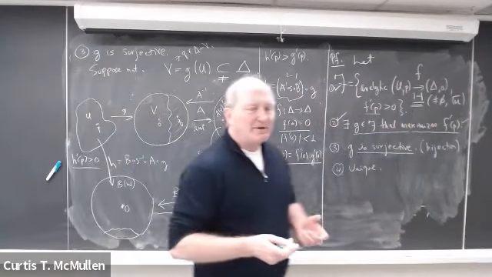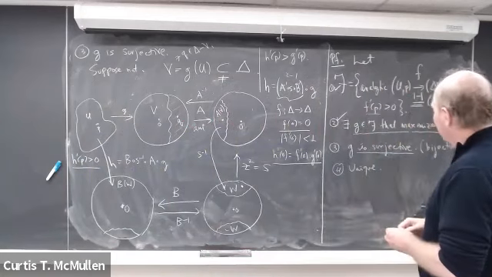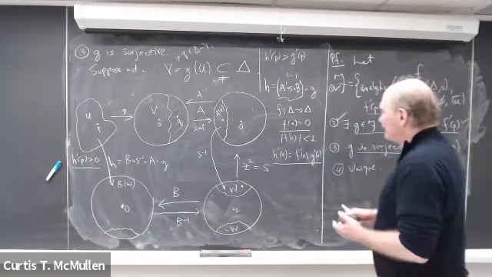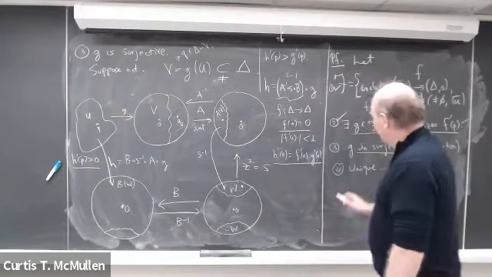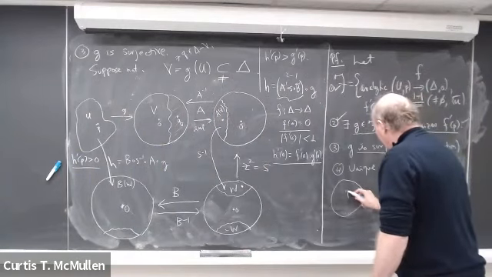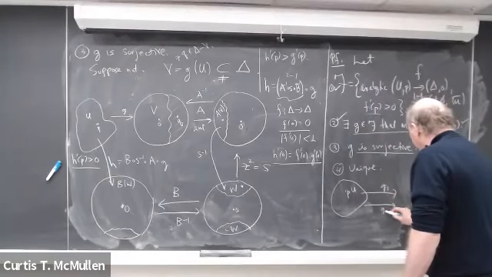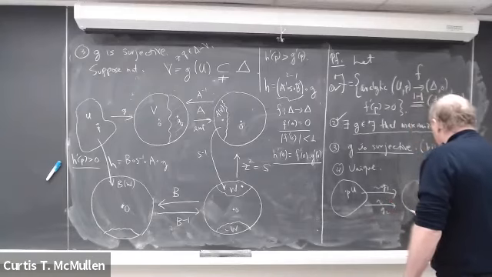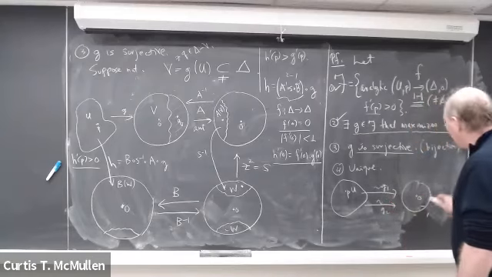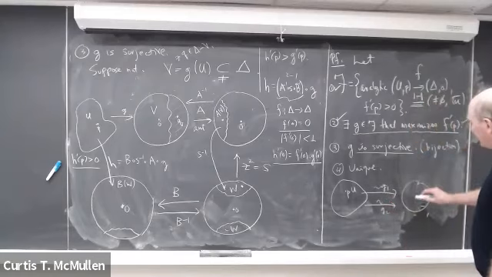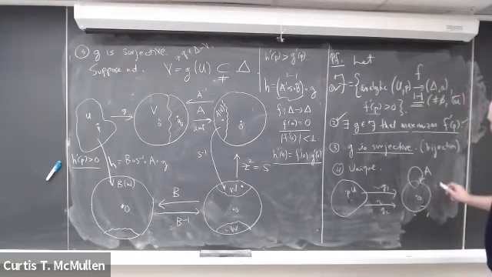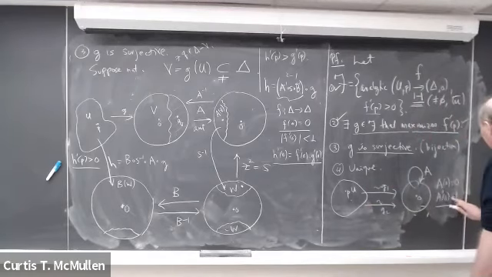It would be nice to have uniqueness, but that's easy, because if you have two maps to the unit disk that are normalized in the same way, so if we have a G1 and we have a G2, they're isomorphisms to the unit disk, sending P to 0, then their difference, if we go back by one and over by the other, their difference would be an automorphism of the disk with the property that A of 0 is 0 and A prime of 0 is 1, or at least is positive.